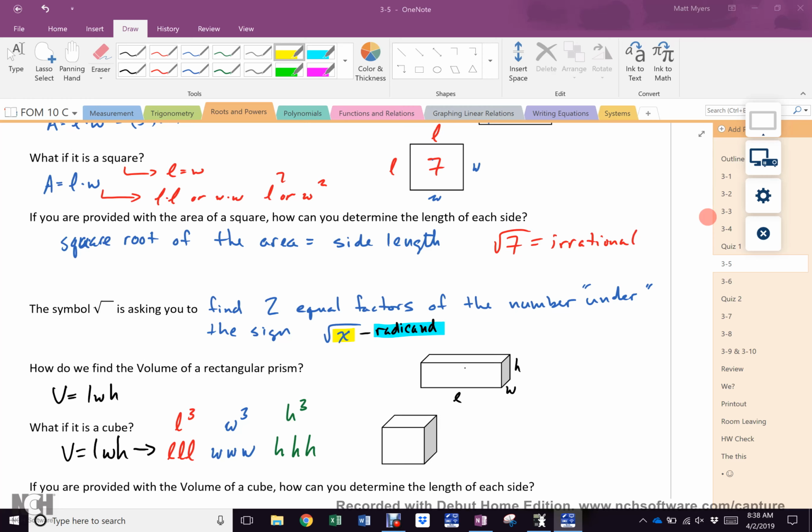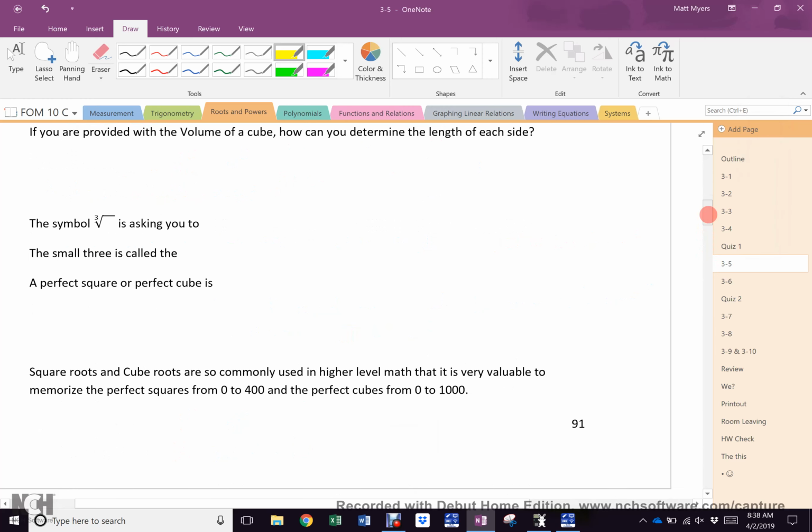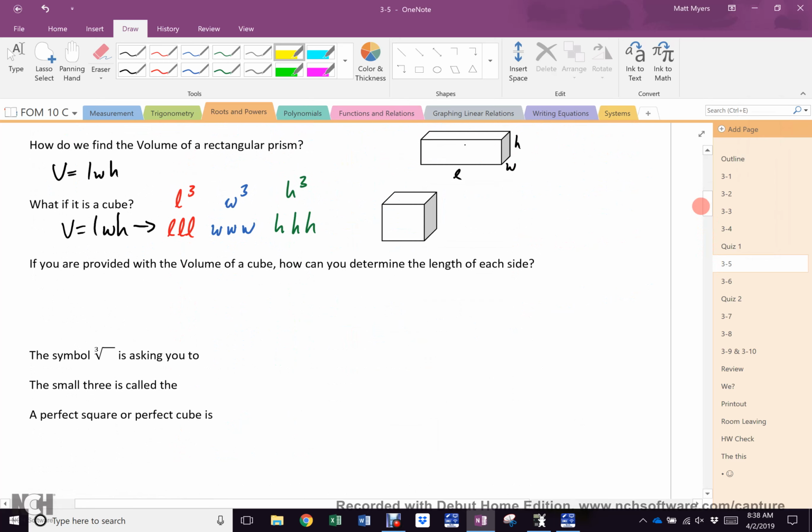Now, you're intelligent young people. If the area of a cube, we use the square root. What do I do if I have the volume of a cube? I would take the cube root. How do I write that? Cube root. Now, this symbol looks different, doesn't it? What's different about it? It's got a little 3.